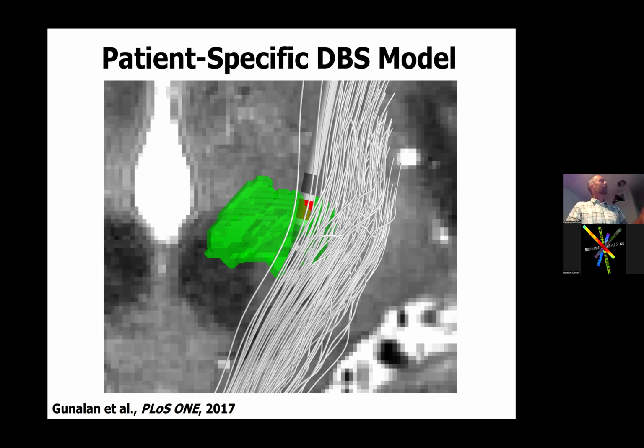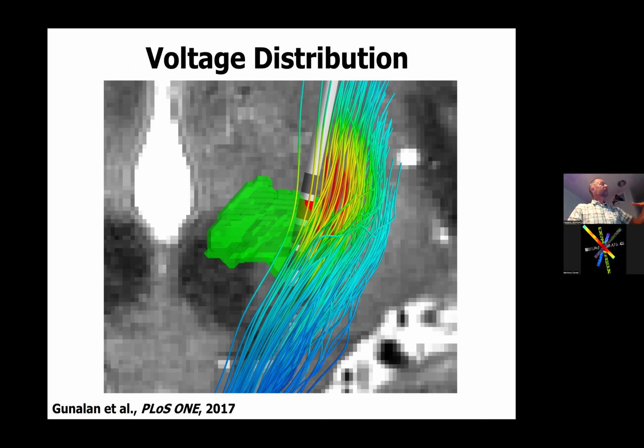So we can build streamline models of this pathway as it courses by our deep brain stimulation electrode. Then instead of doing the recording side of the DBS electrode, we do the stimulation side. So now we're imposing an extracellular electric field into the tissue medium. That creates a voltage distribution along all these different axon pathways, right?